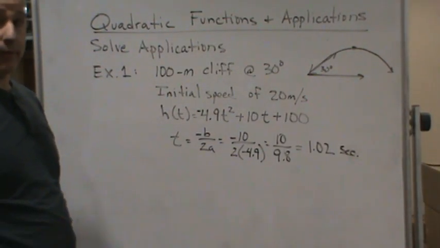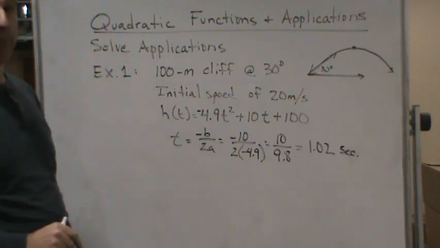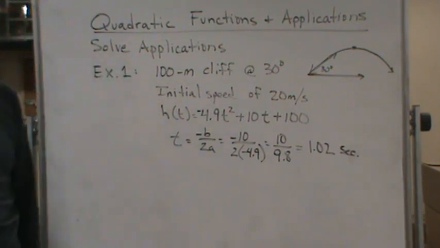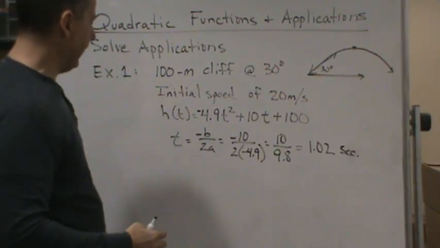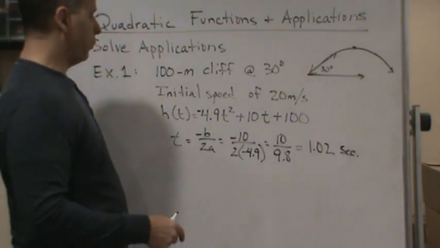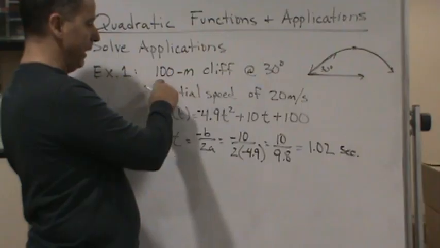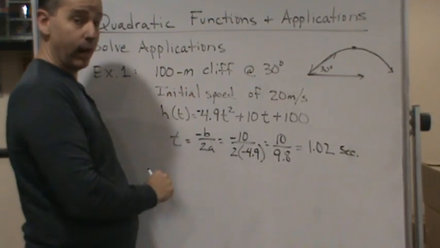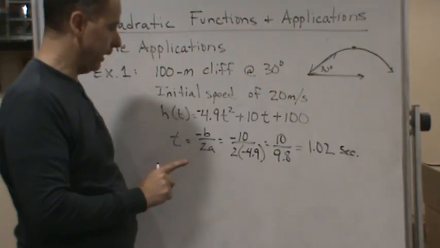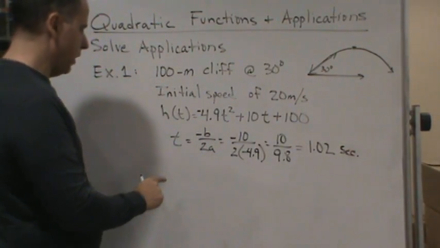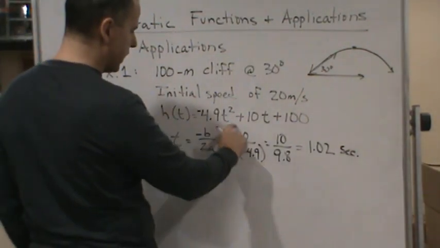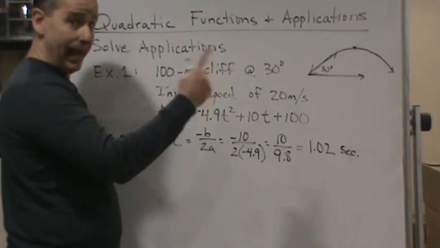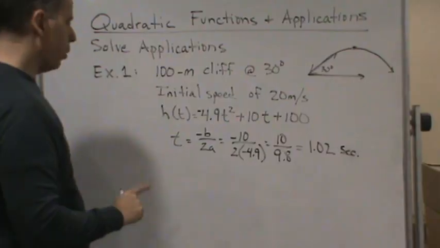So we're asking, what is the maximum height above the ground? In this case, they want to know the maximum height above ground, meaning we also have to take into account that we're 100 meters above the ground on a cliff. So when we solve this, it's going to give us the maximum height above where we're standing. But then we have to add, oh, hold on a second.